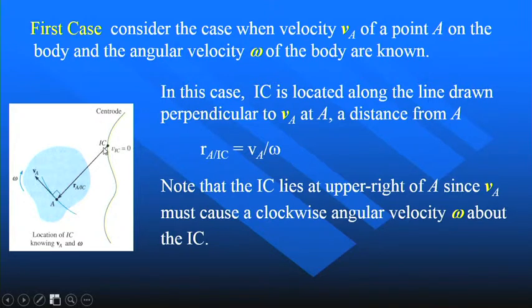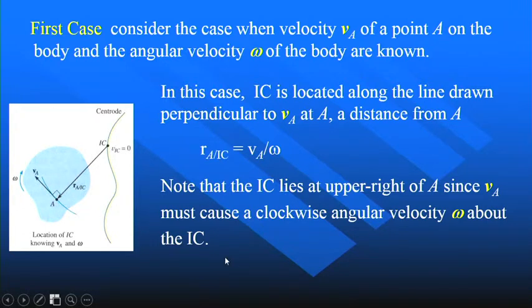Then why is the IC located at the upper right side of A? Because we should make omega and VA consistent. So only when the IC is located on this side does the object rotate about the IC clockwise, consistent with VA.